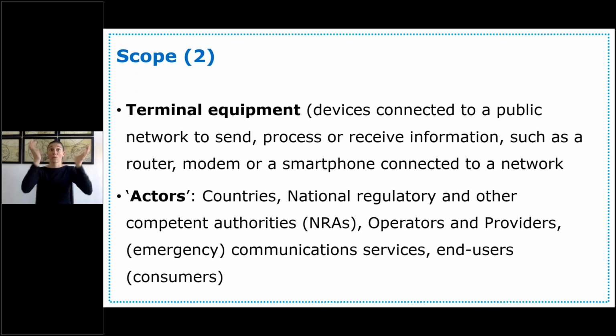And also what is in the code, again, a term called end users, which also includes consumers, but not only. But for us, it's important to focus on the consumers, and especially consumers with disabilities. And here I dial back to Alejandro, who will present the objectives of the code.